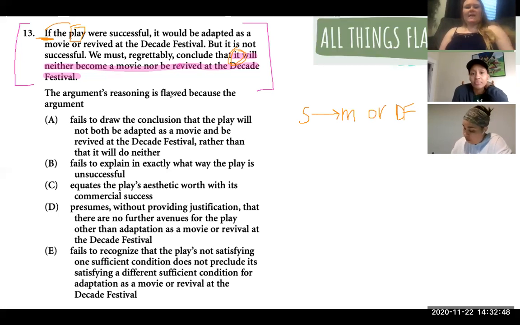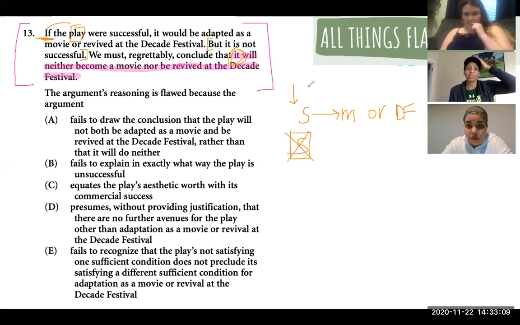But then we say that it is not successful. So we bring in a new condition, right? And we say not successful. Right. So if it's not successful, we know nothing. Yeah, because that's our only condition.